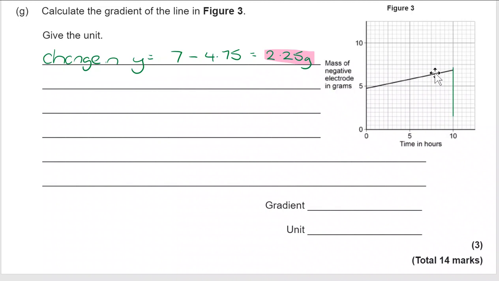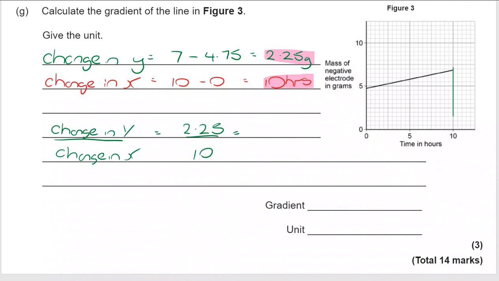If I've done that for the whole of the line, it makes the next bit easier because my change in X, it's gone from 0 to 10 hours. And now I can calculate my gradient, which is change in Y divided by change in X. And that gives me a value of 0.225, but I need the unit as well. We're dividing grams by hours, so the unit is grams per hour. And that takes us to the end of the question.